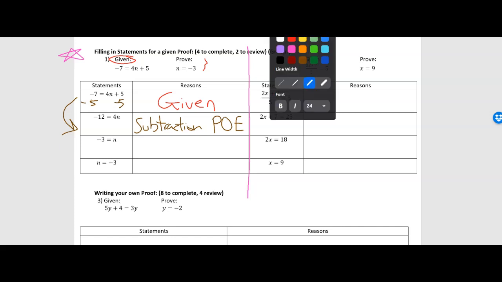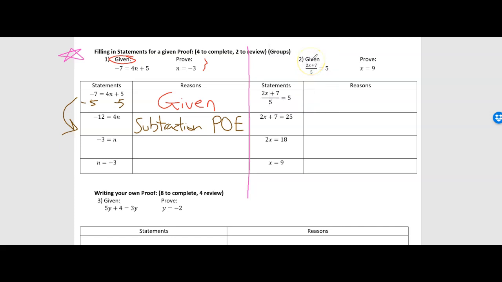Okay, next step. How did we go from statement 2 to statement 3? Well, it looks like we divided both sides by 4. So division property of equality, POE. I think somehow I just turned my pen into a bold font or something.